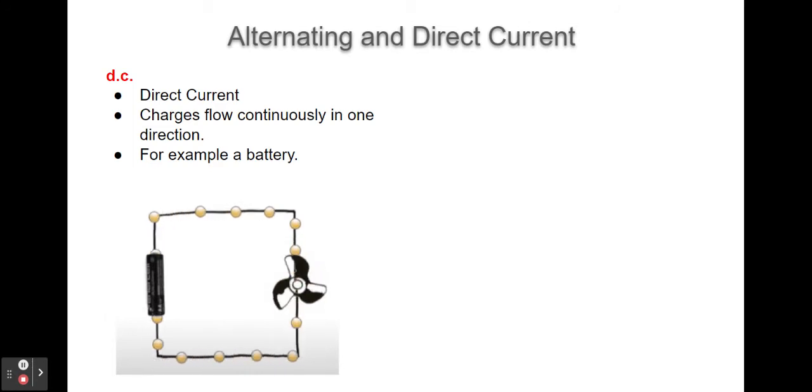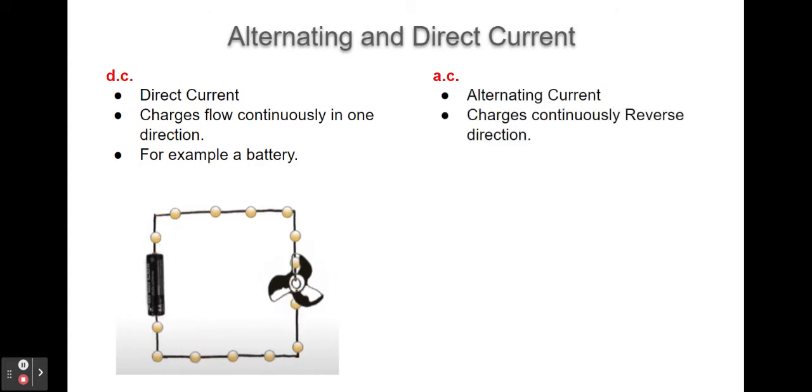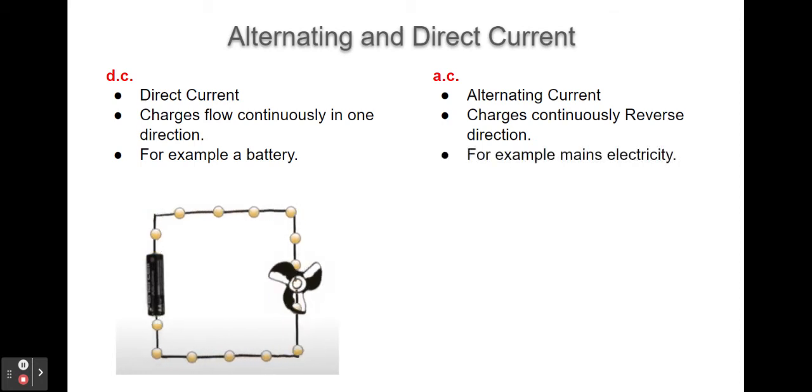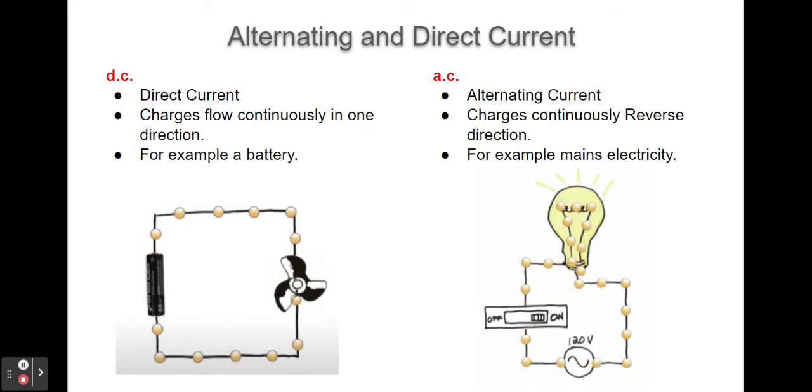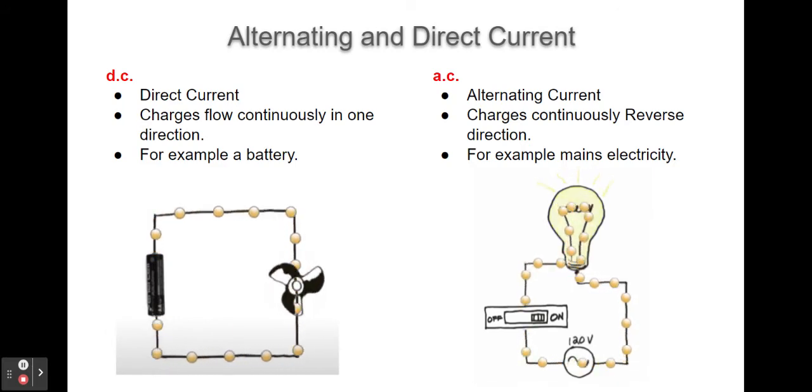The other type of electrical current is what's called an alternating current, or AC for short. In this, the current continuously reverses direction, and this is how mains electricity works. So for example, here we have the electrons continuously going back and forward around this circuit.